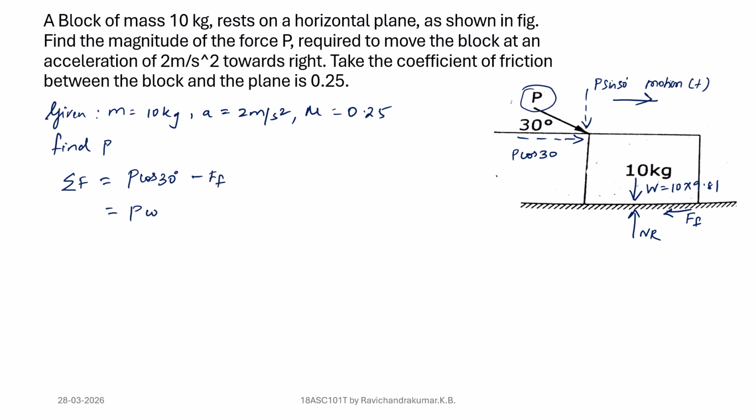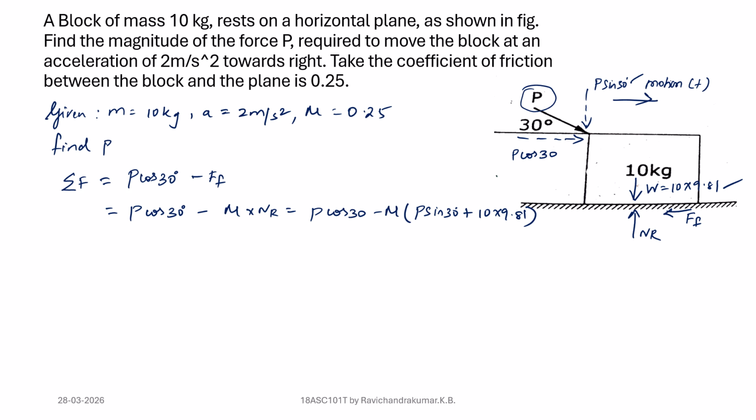So P cos 30 degree minus mu into NR, and NR is given as the addition of W and P sin 30. So it will be P sin 30 degree plus 10 into 9.81. Because we are dealing with force, weight has to be taken, so mass has to be converted into newtons by multiplying with 9.81.